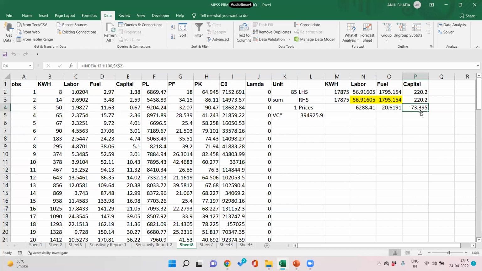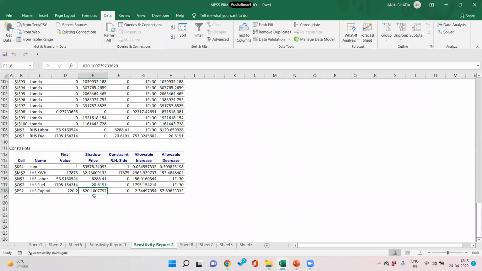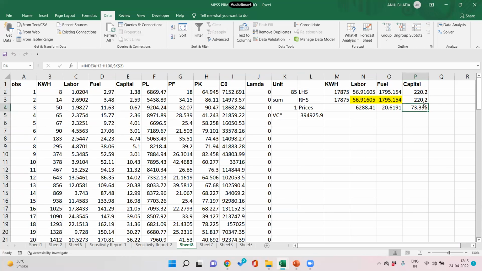For example, if the price of capital is 73.39 and the shadow price or opportunity cost for 1 unit of capital is 620, that is, the shadow price is greater than the price of capital, it means that the firm is underutilizing its capital.